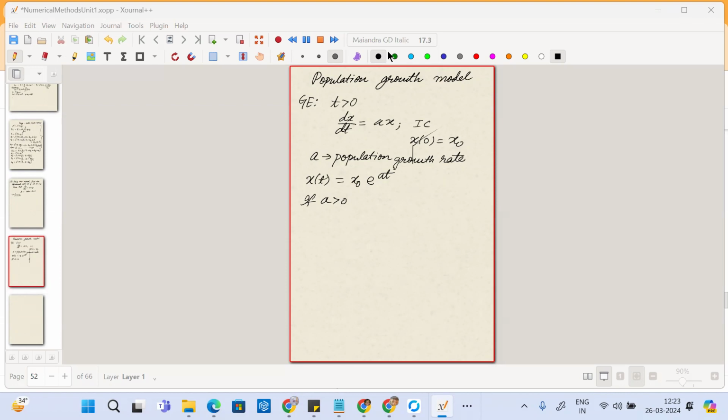Can I say that the population keeps on increasing? Yes. Everything is positive, so exponentially it will grow, right? So if a is greater than 0, population increases exponentially. Now, if a is less than 0, what you will see? Population is decreasing, going towards 0 exponentially, right?